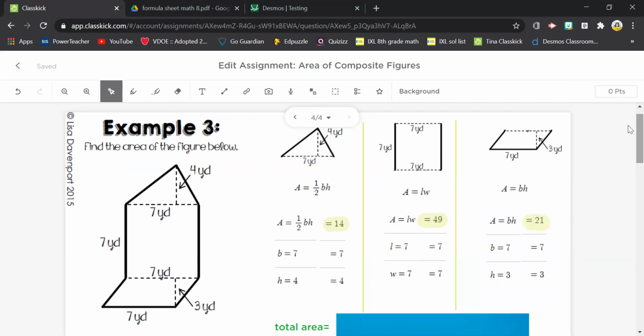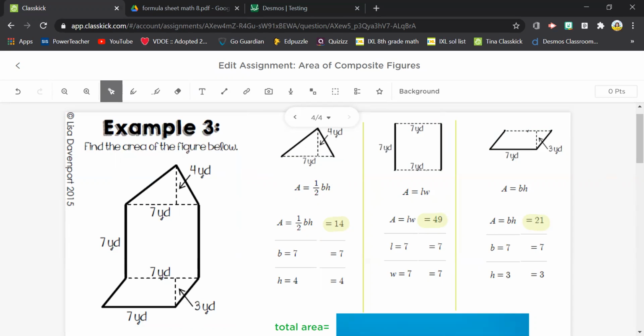Okay? So that's all the individual areas. Just like how this original figure over here was composed or made of 3 smaller figures, the area of this is going to be made or composed of 3 areas put together.